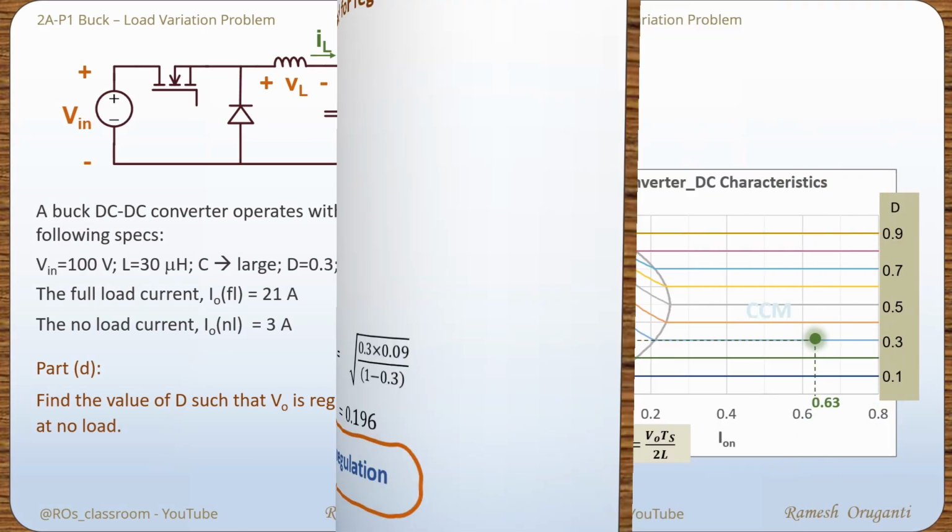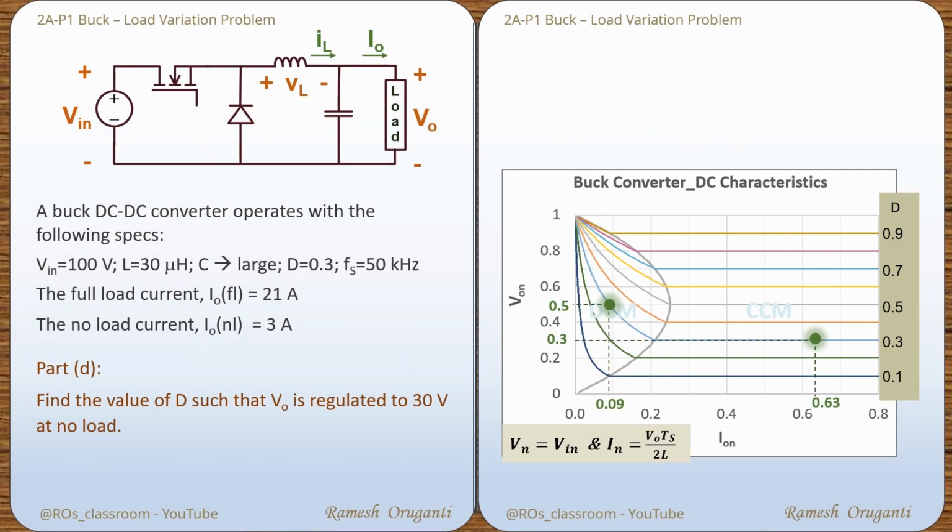We can show this on the plot. So the new D value is 0.2 and the curve we are on is D equal to 0.2. So that means it is the second curve, the green curve from the bottom. I_ON is 0.09.